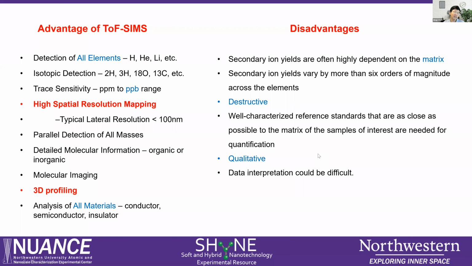Based on that, and compare with your sample, you can do this quantification. Otherwise, you just one simple sample, one spectral. You cannot just use this peak density to calculate this and the concentration.